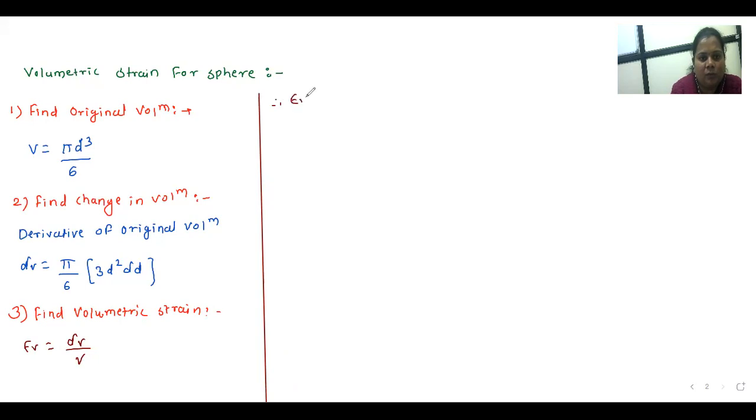Therefore, epsilon V equals del V upon V. Del V is pi by 6 into 3d square into del d, divided by the original volume, pi by 6 into d cube.